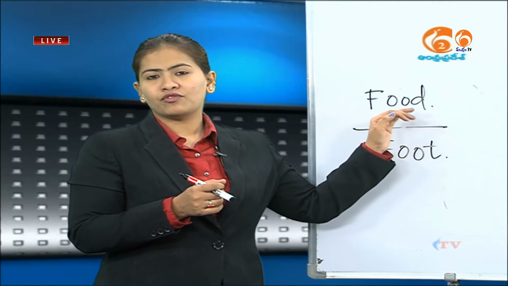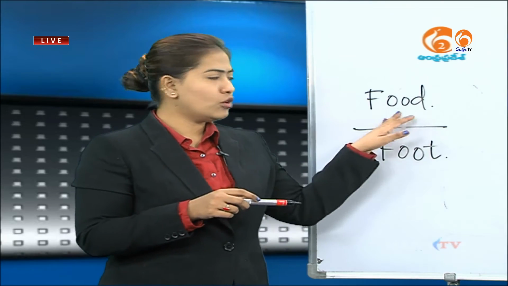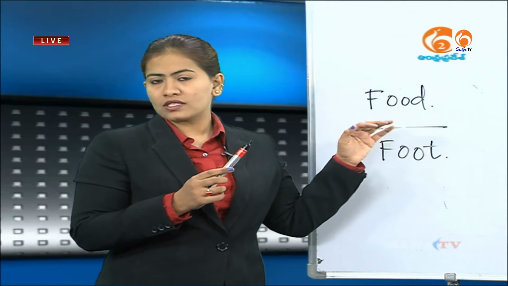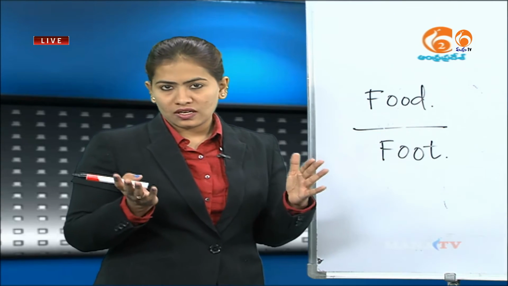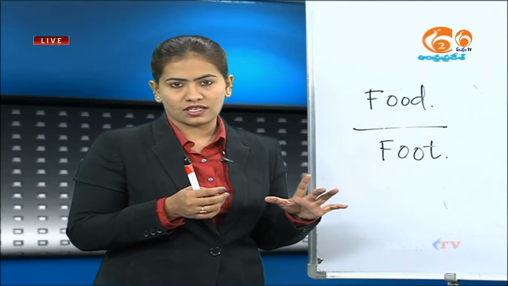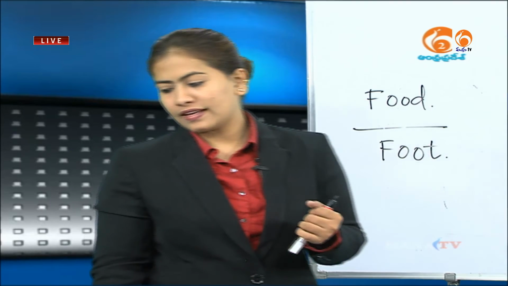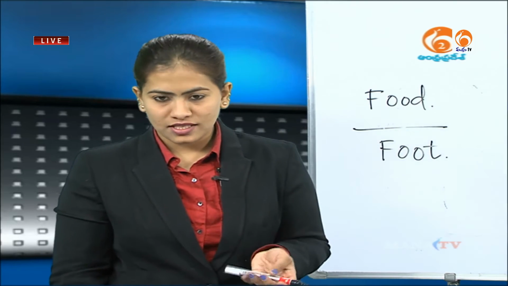Let's get this correct once and for all. It's food and foot. The first word takes the long sound enunciation, and the second word takes the short sound enunciation. Let's move on to the slide and understand the other long vowel sounds.